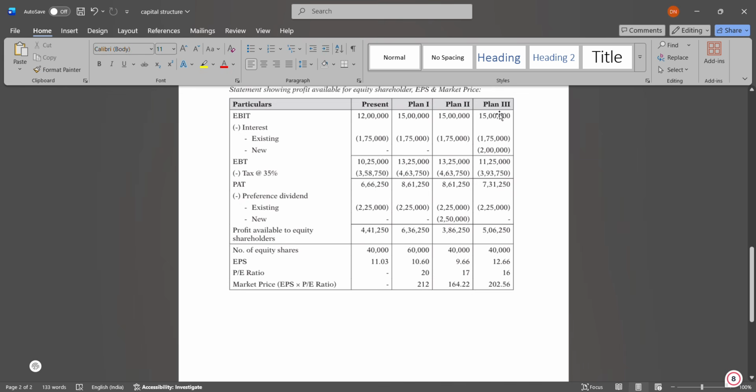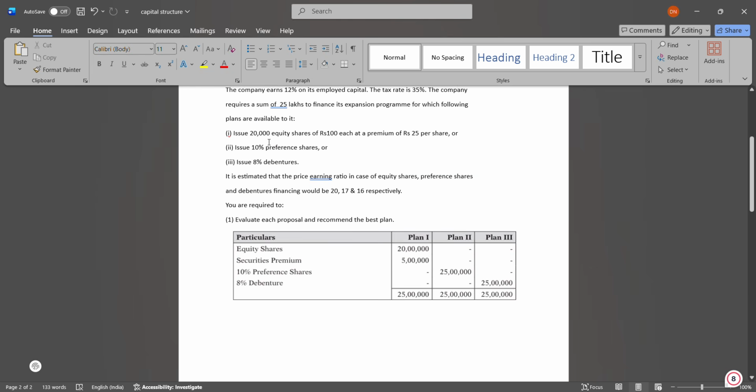So we'll note down 15 lakhs in all the plans. Minus, from EBIT, the very first thing deducted is the debenture holders' interest, that is, the loan we take, we have to pay interest on it. So the first deduction will be the existing interest. What was the existing interest rate?